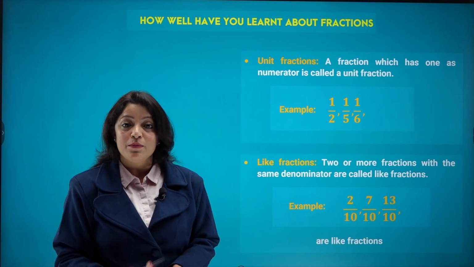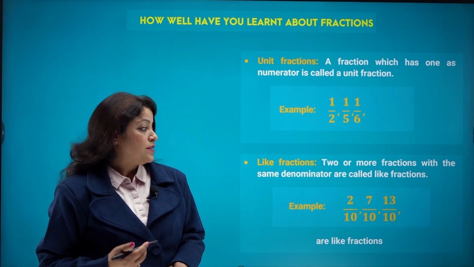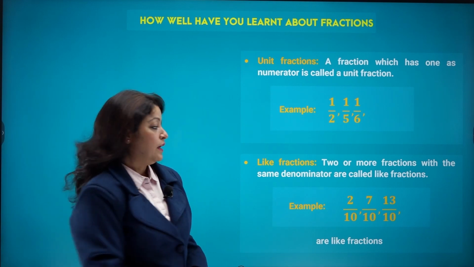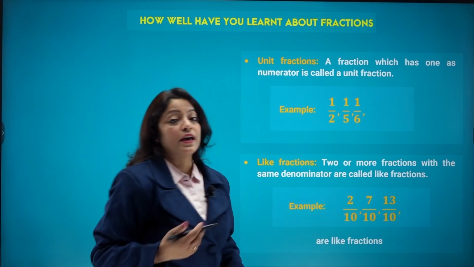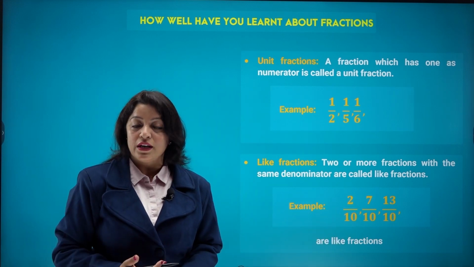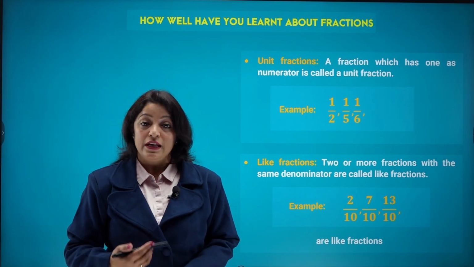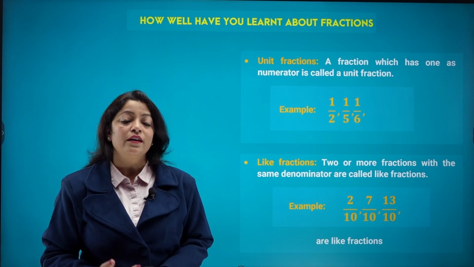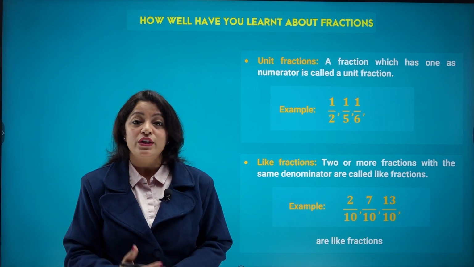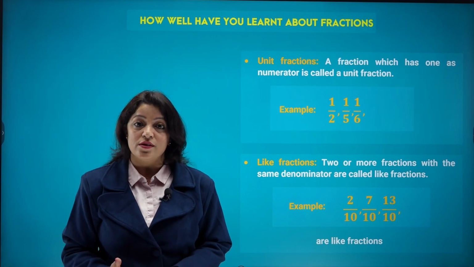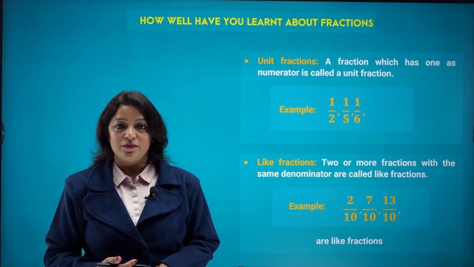We can have many more like fractions with the same denominator 10. Similarly, 2 over 10 is a proper fraction. 7 over 10 is again a proper fraction because the numerator is smaller than the denominator. But in 13 over 10, the numerator is greater, so this is an improper fraction. So it may be a mixed bag in which we can find like fractions. That means it may be a proper fraction or it may be an improper fraction.